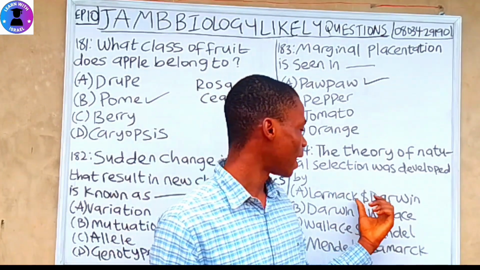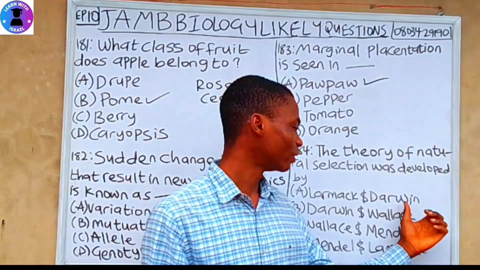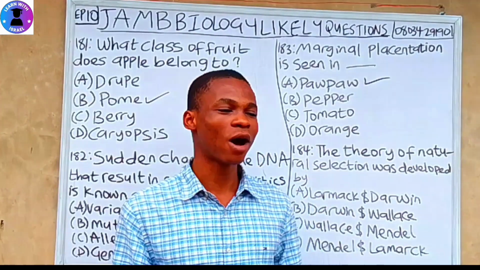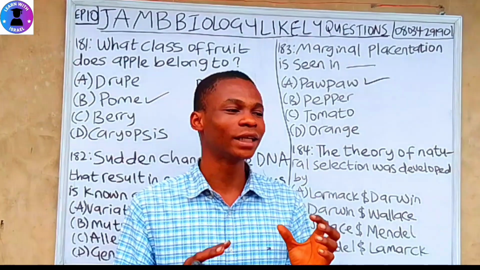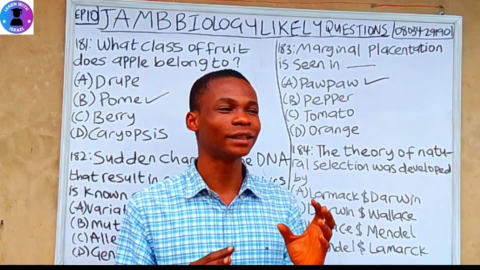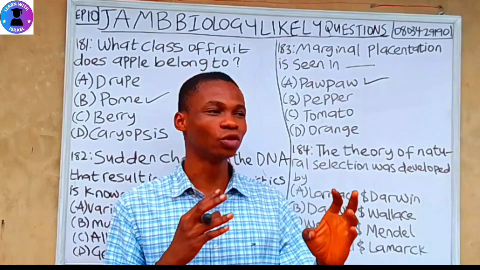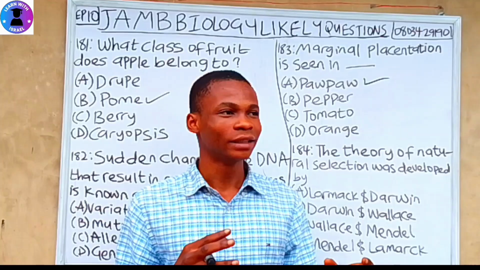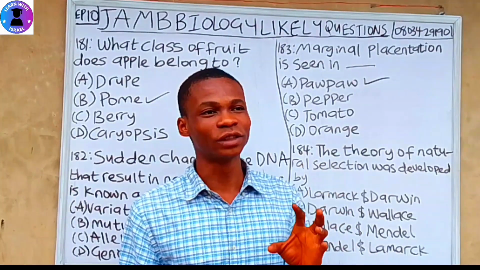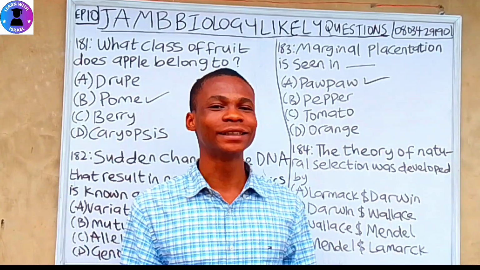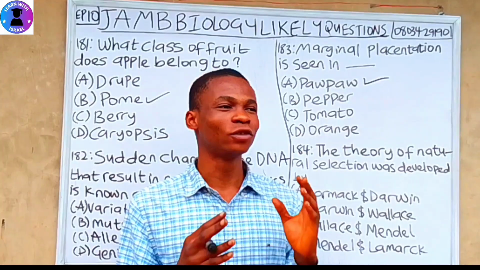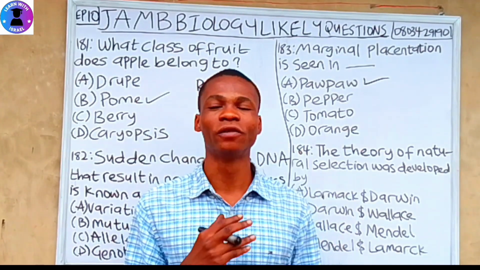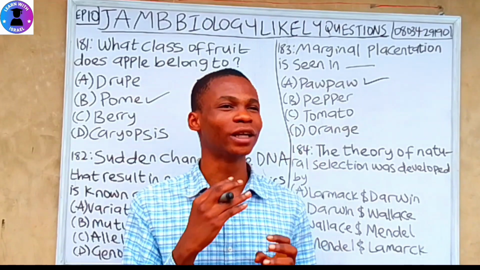This one is Charles Darwin, and this one is Jean Lamarck. Jean Lamarck also talked about natural selection, and the area he talked about is use and disuse. The example of use and disuse is the long neck of the giraffe.